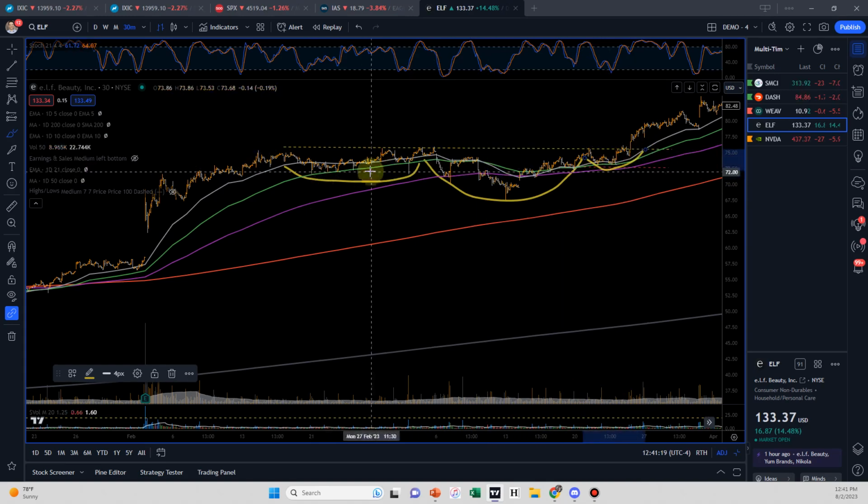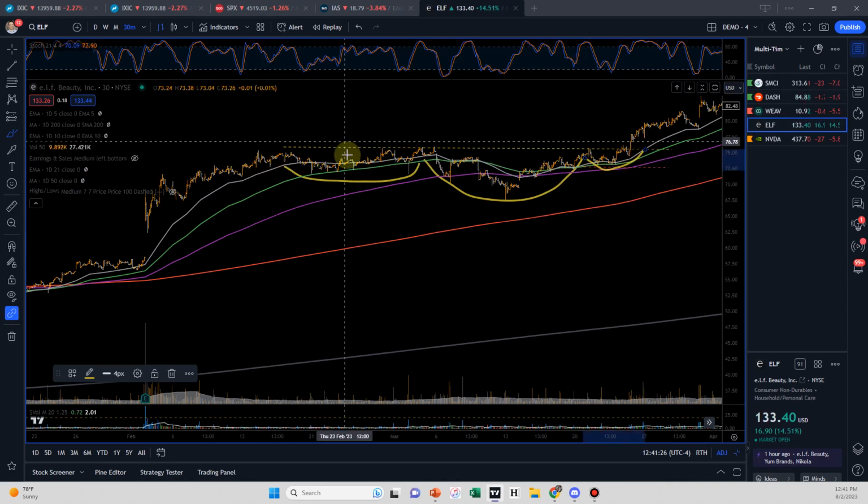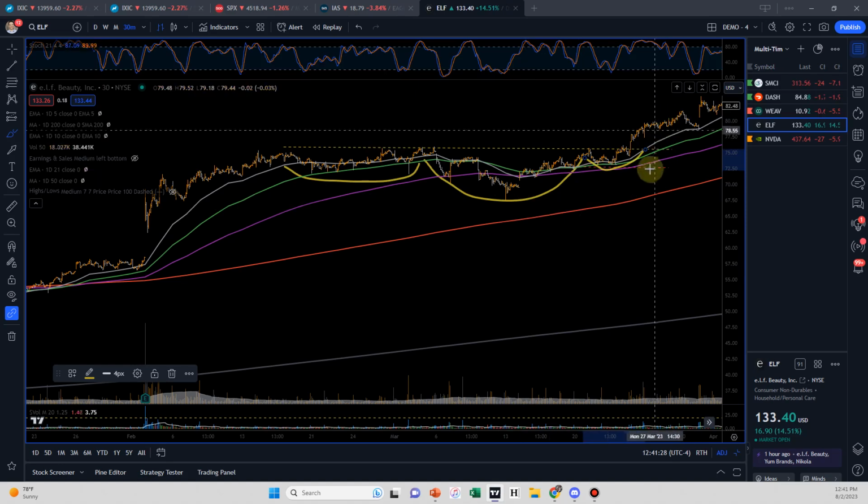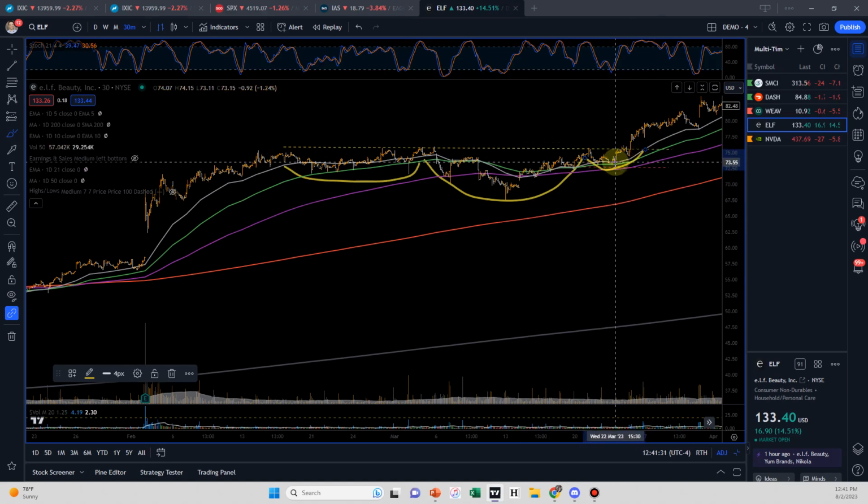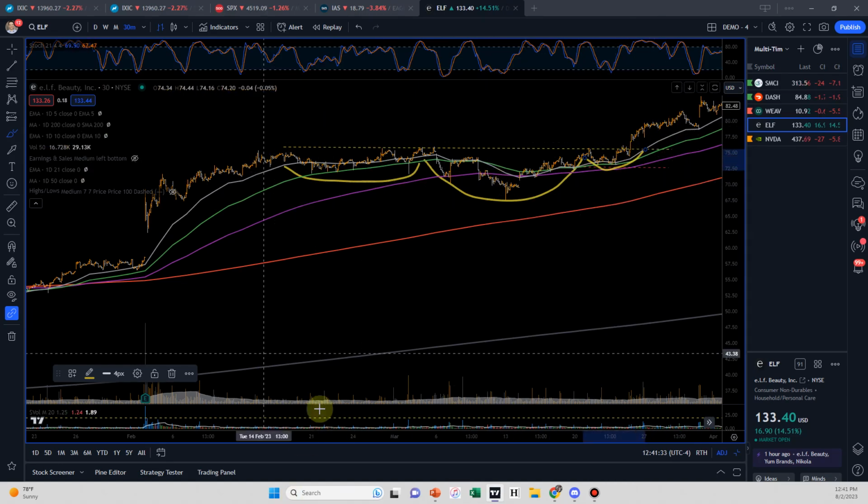This is clearly tighter than this. And it's not just based on the amount of bars that are in here, but I'm talking more about the depth. This is clearly less deep than this or that.